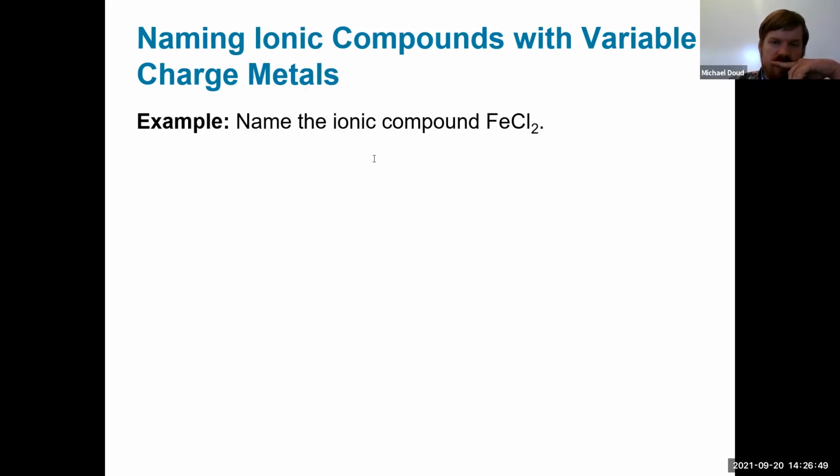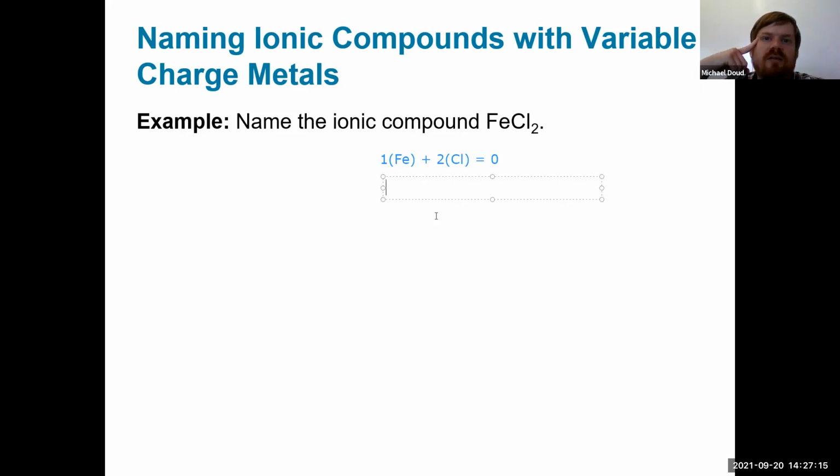Well, the way that we can do that is, if we don't know what the charge for Fe is, but we know that when we have 1 of these ions plus 2 of these chlorines, we have a net neutral charge, right? Because it's FeCl2, there's no charge there. So it's got to be 1 times the charge of Fe plus 2 times the charge of Cl equals 0. Well, what's the charge on Cl?